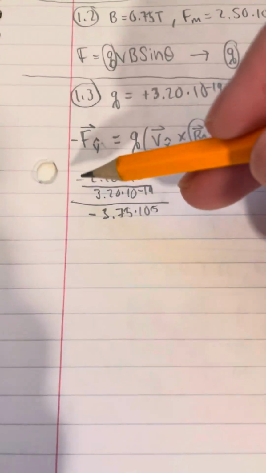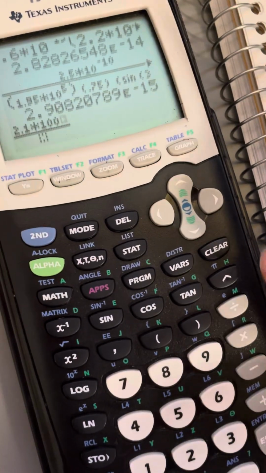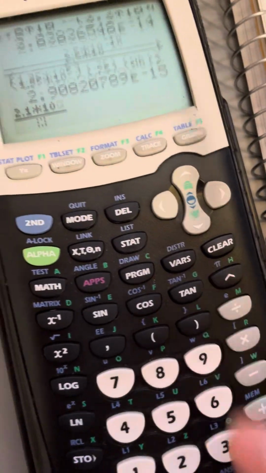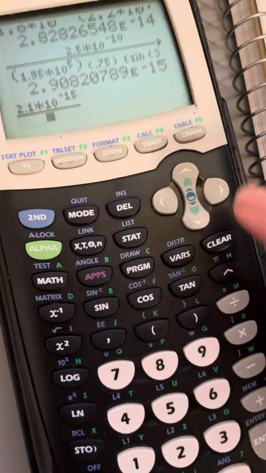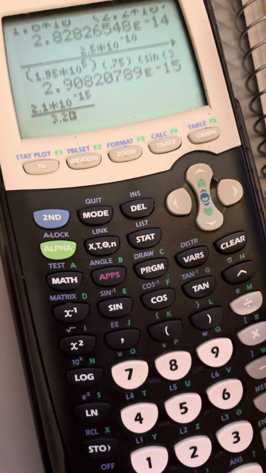Actually, since we know that these are both negatives, we can just cancel those out. That's going to end up being a positive value. So 2.1, 3.2.